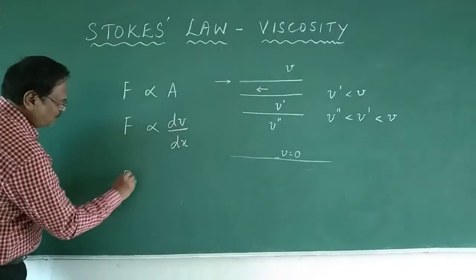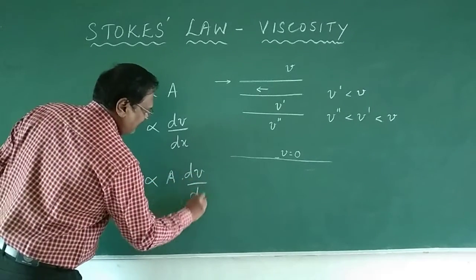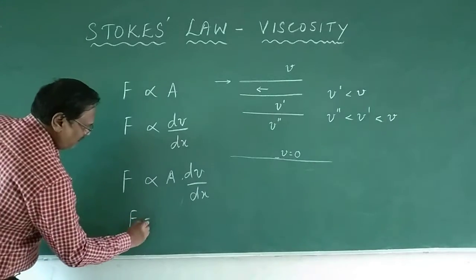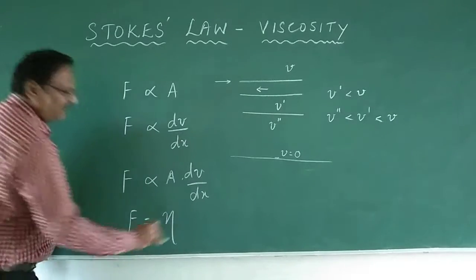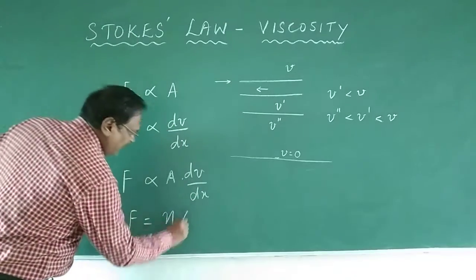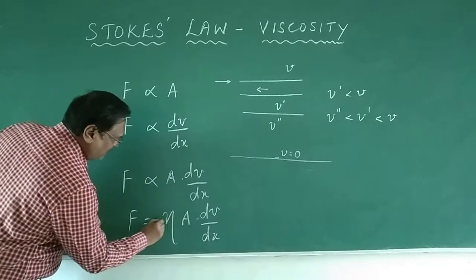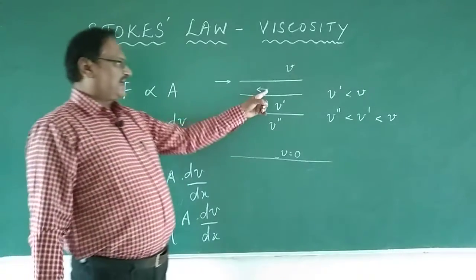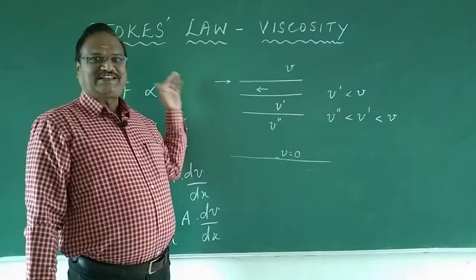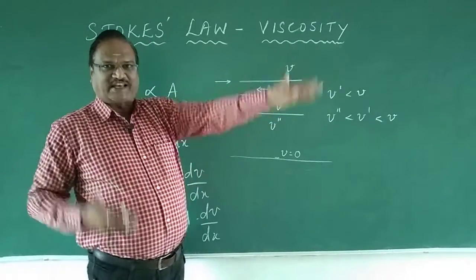When we combined these two, we got F = -eta A dv/dx, where eta is called the coefficient of viscosity, and there is a negative sign because the viscous drag is opposite to the tangential force. It is in the opposite direction.